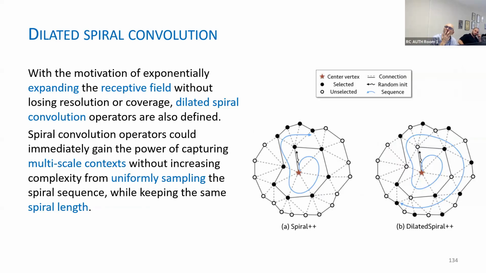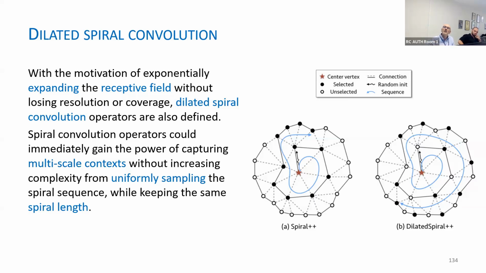Here in this example, the authors also showed that they can account for a dilated convolution, where, as we have seen also in the case of the point CNN, you can enlarge the support of the convolution, sampling, taking 1 point, for example, every 2.